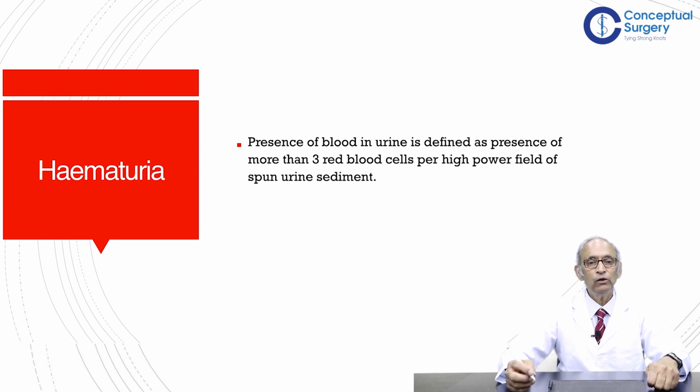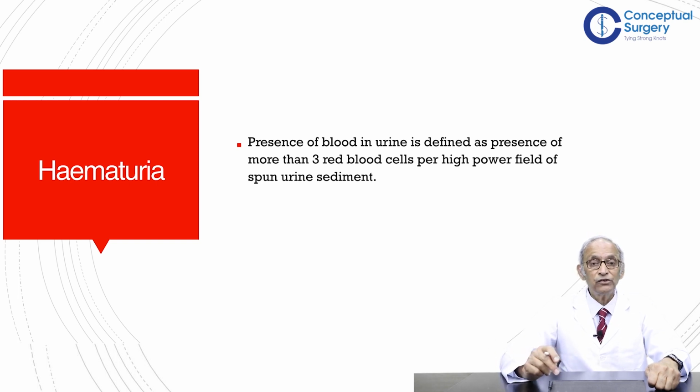And it could also be only microscopic hematuria when only a few cells are present in the urine. But these cells can be seen better if you spin the urine sample and then see the sediment under the microscope. So the presence of 3 red blood cells per high power field of spun urine segment is the definition of hematuria.